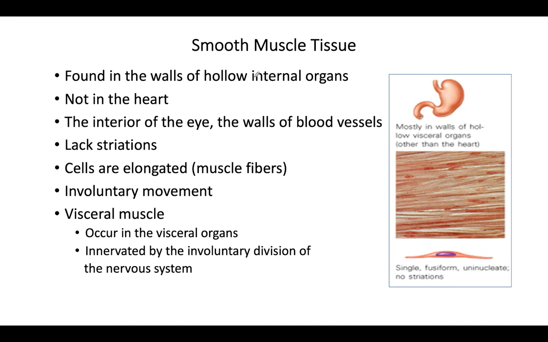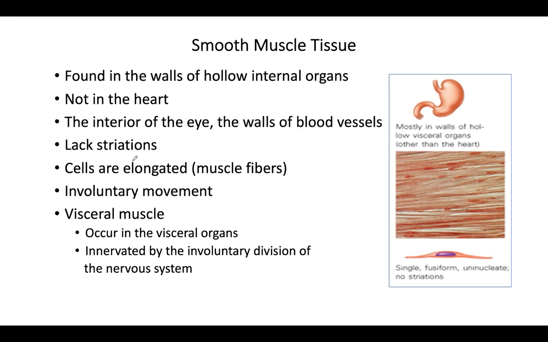Except the heart, the rest of the hollow internal organs have walls composed of smooth muscle tissue. Also, in the interior of the eye, the muscle of the iris is made up of smooth muscle tissue. Also, the wall of blood vessels is composed of smooth muscle tissue.